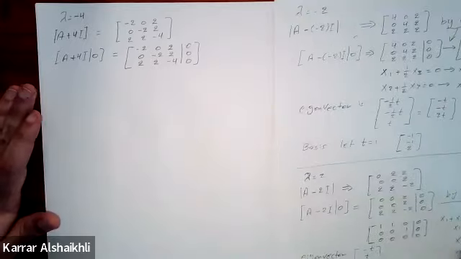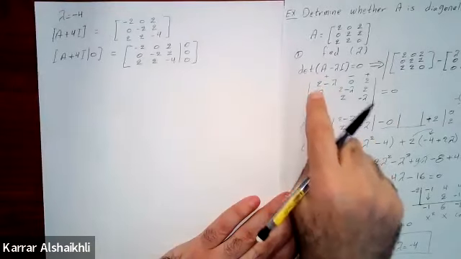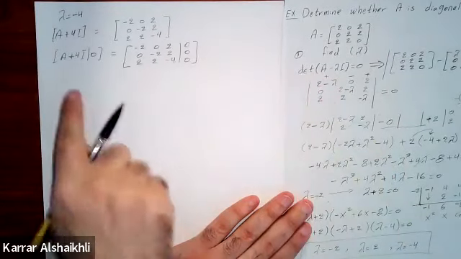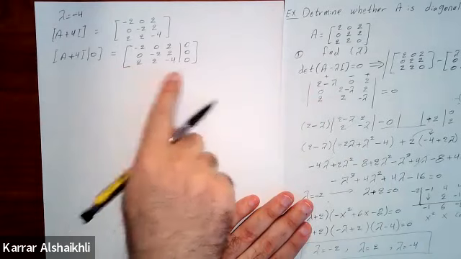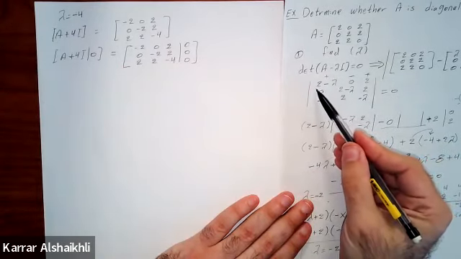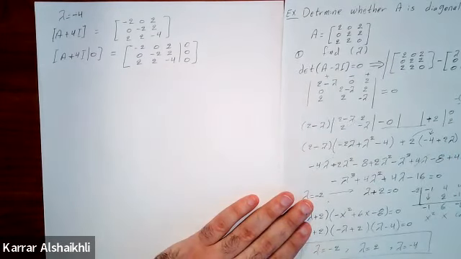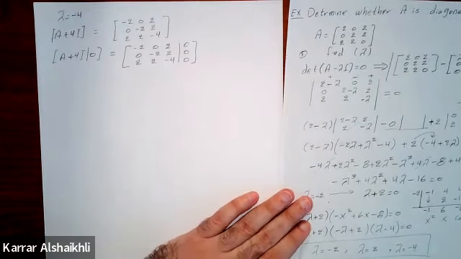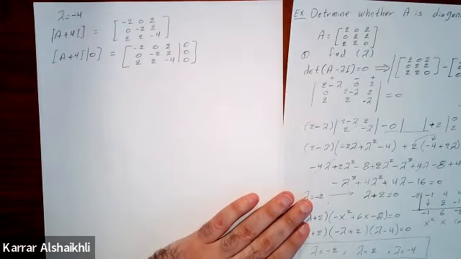Shouldn't it be plus 4I? Yeah, the main thing here is we're going to plug in lambda equal negative 4 here, to get this one, because if it's a minus lambda I, it'd be a plus 4.